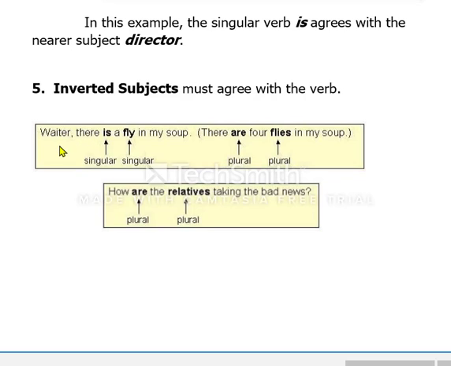And here in this inverted subject, the flies are in plural form, so the verb will also be used as plural. I think now you are going to comprehend what I am going to tell you. It's a very interesting topic that I am going to discuss with you people.